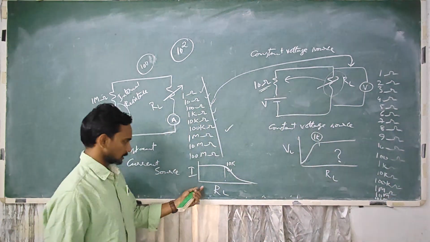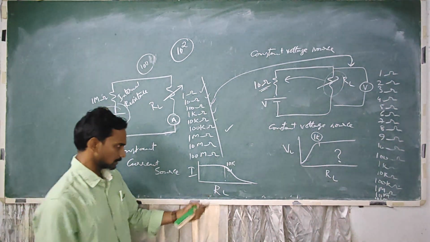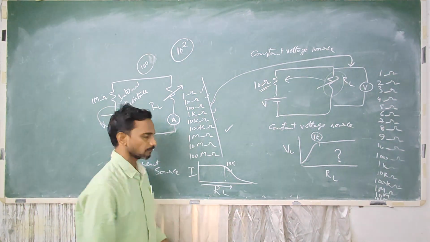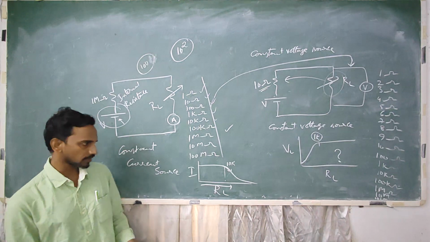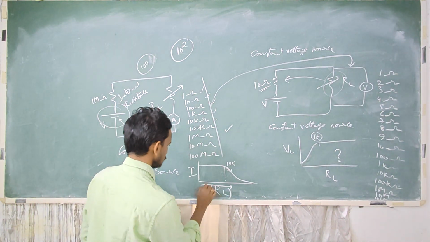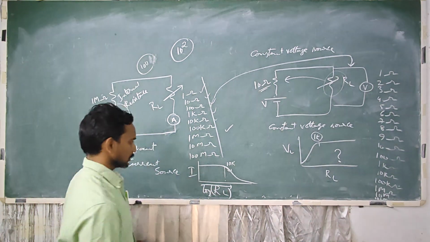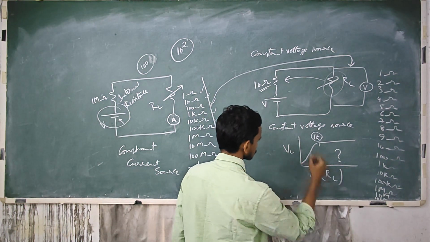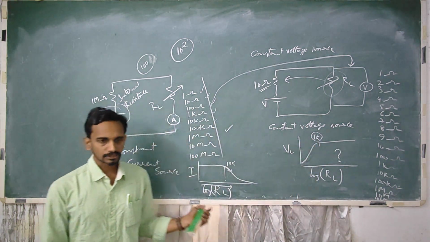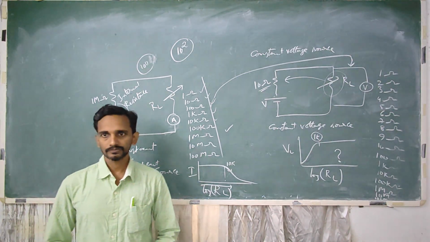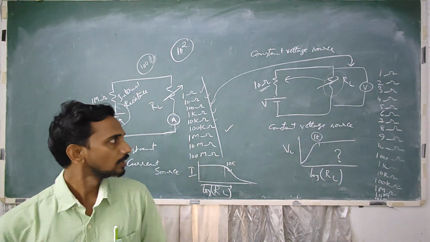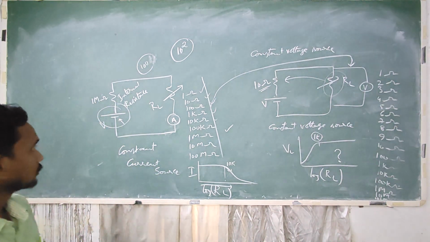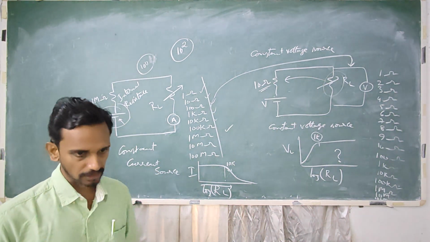So since this load resistance value is varying in the powers of 10, it is more convenient to represent logarithm of RL along x-axis, because the variations are in the powers of 10. Okay, so these two can be verified on TINA.